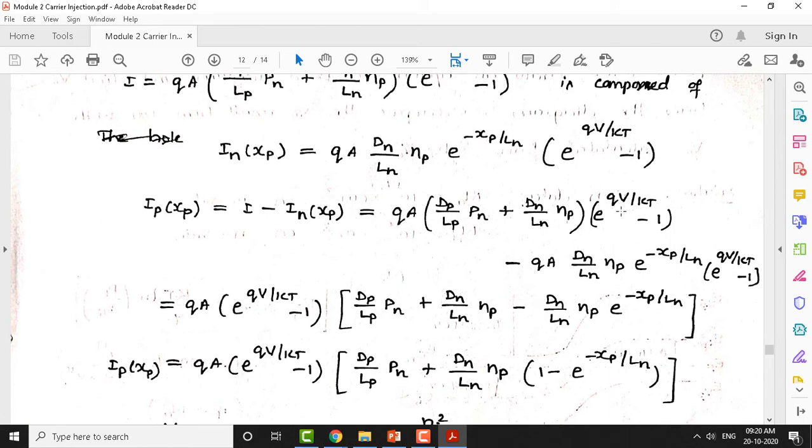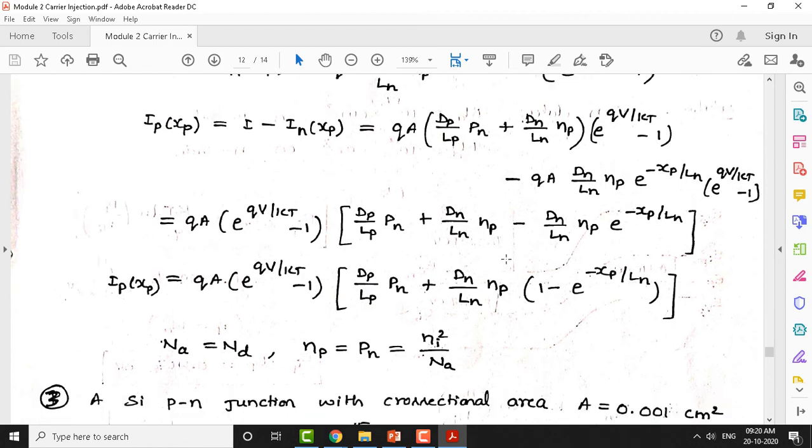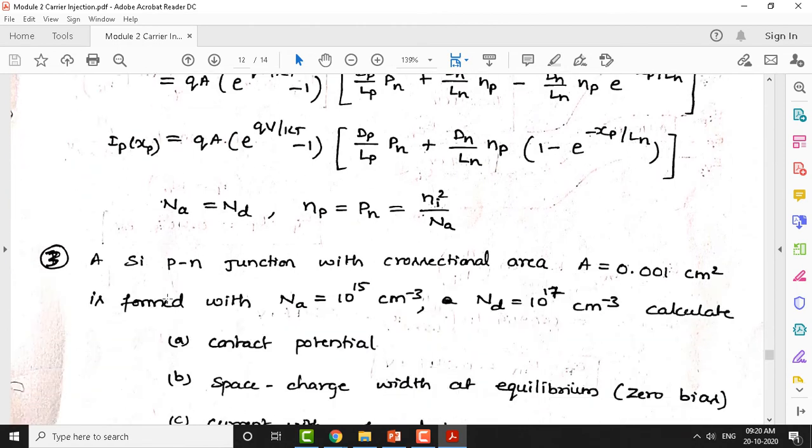So you can substitute here, and common things like qV by kT can be taken out, q into A. Remaining terms are kept as they are. Further, you can do some simplification by assuming these things here. If you make them equal, this equation can be further simplified, or else you can leave it at this point itself. This represents the hole current as a function of distance.